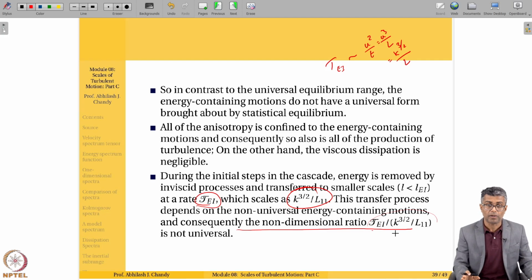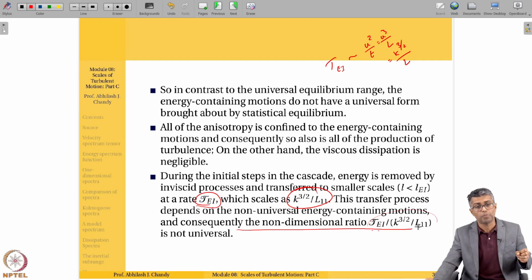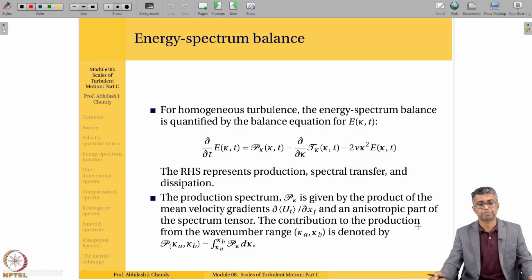It is non-dimensional, that is the way we have scaled it, because TEI is the energy transfer rate, u squared over t, u cube over L, or k to the 3/2 over L. So this divided by this would be non-dimensional. Yes, but it is not universal. Nothing in the energy containing motions would be universal, isn't it?